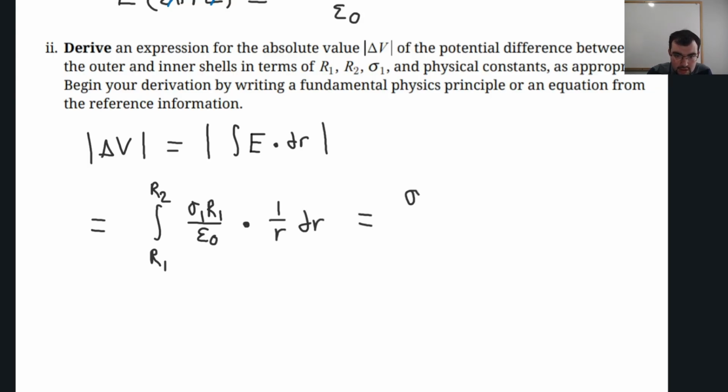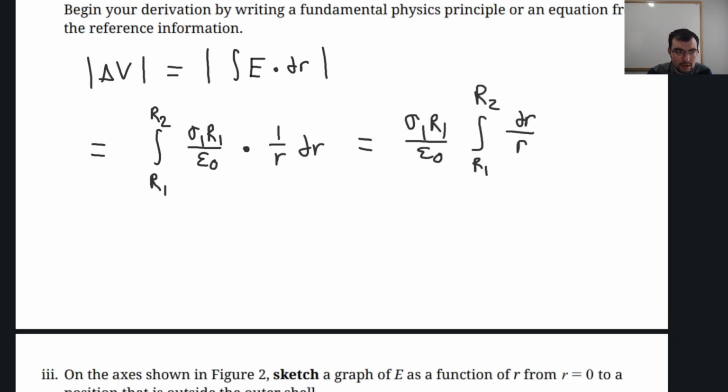So we get sigma 1 R1 over epsilon naught times the integral from R1 to R2 of dr over R. And that's just a natural log situation. So we get sigma 1 R1 over epsilon naught natural log of R evaluated from R1 to R2.